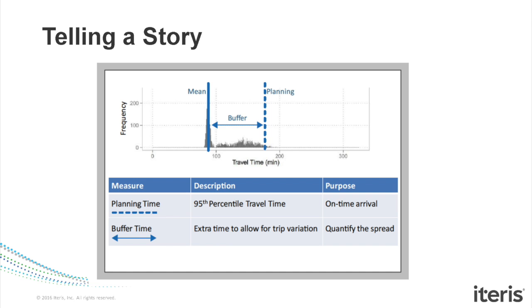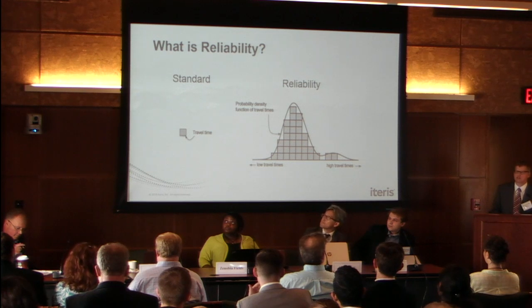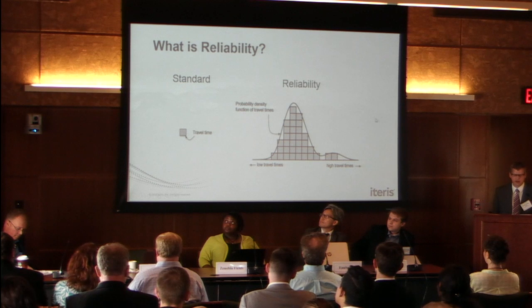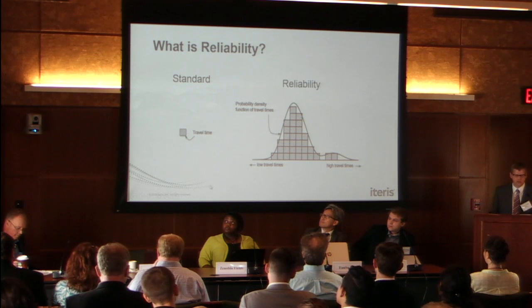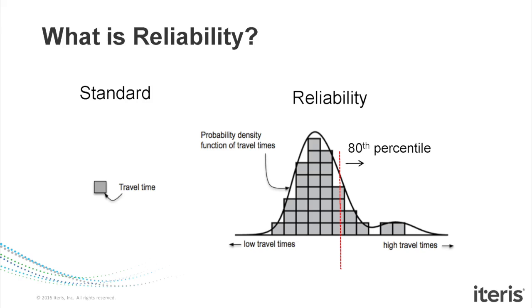That happens over a series of days, and you want to measure the reliability, and that's essentially what the performance measurements are asking you to do in the system performance tools. In a standard measure, you could look at a block of time or what a travel time looks like at one time, or you could look at reliability and what that looks like in a probability density function of travel times over time.